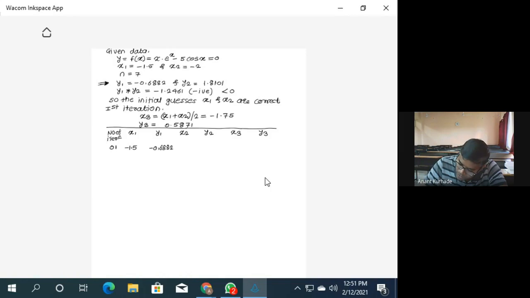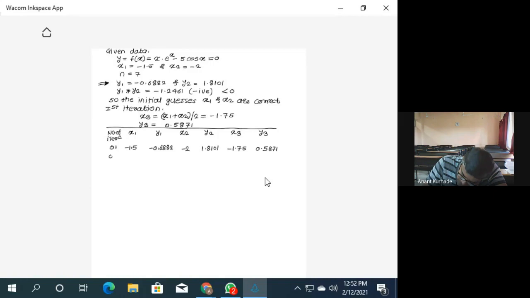We have x2 as minus 2 and y2 as 1.8101. By using these values, we have calculated x3, (x1 plus x2) by 2, as minus 1.75, and we get y3 as 0.5871. So we have shown the first iteration in the table.